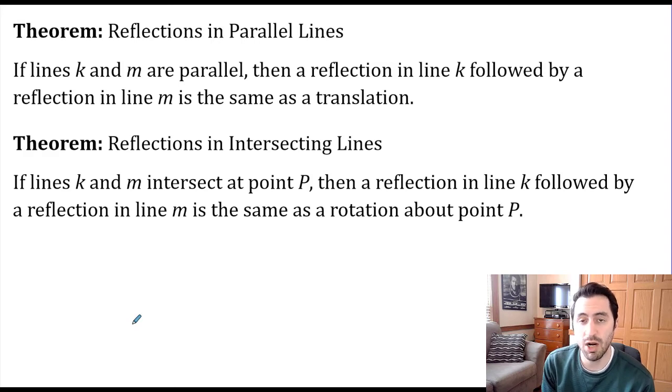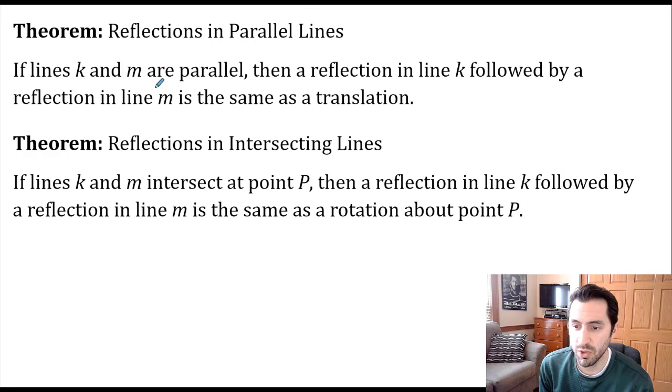Furthermore, the neat property we saw is the distance between your original image and your pre-image. That distance is twice the distance between your two parallel lines. So however far apart K and M are, the translation is twice that.